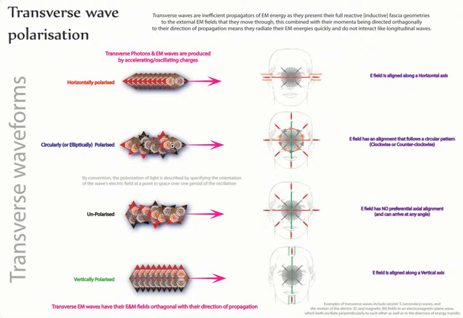It's not really well drawn here because we're trying to represent a rotation about an axis in 3 dimensions on a 2-dimensional page, but it does, to a limited fashion, show us the difference between horizontally polarized E fields and vertically polarized E fields, as opposed to a circularly polarized E field of a wave where it's in a circular fashion, or a light source that's completely unpolarized where the E fields are in any direction with respect to its direction of propagation. And that's illustrated in the central pictures here with the faces.